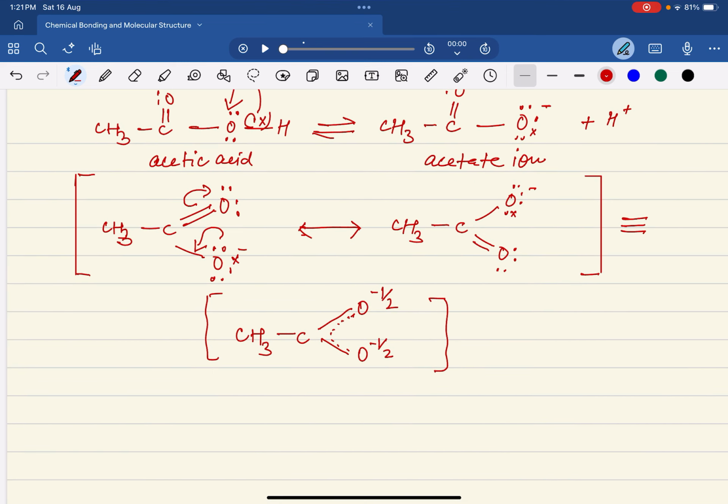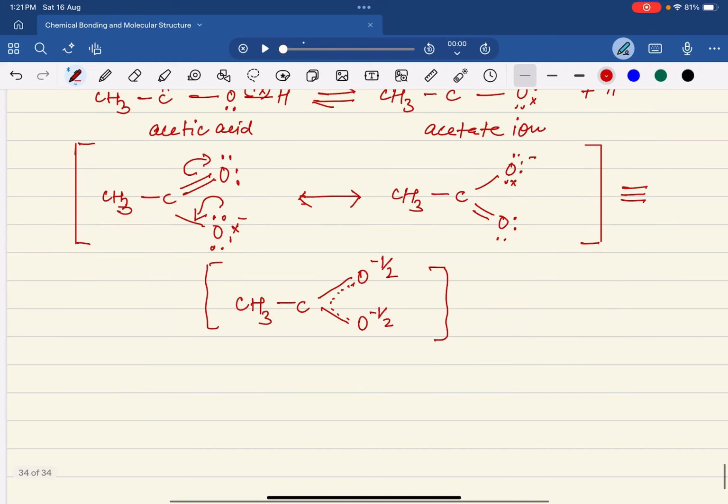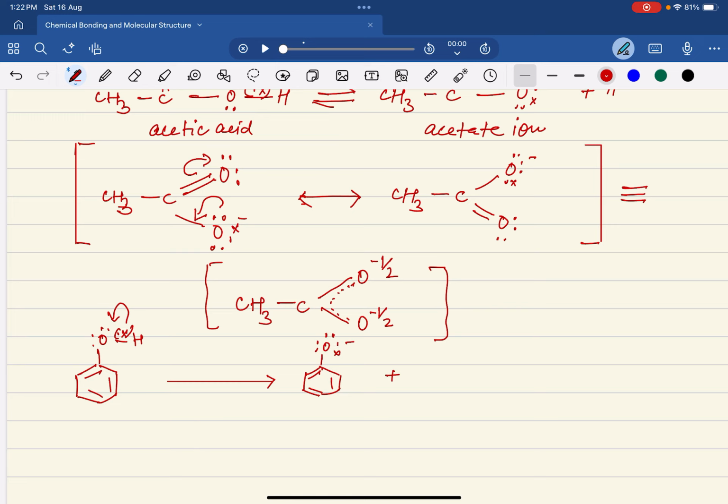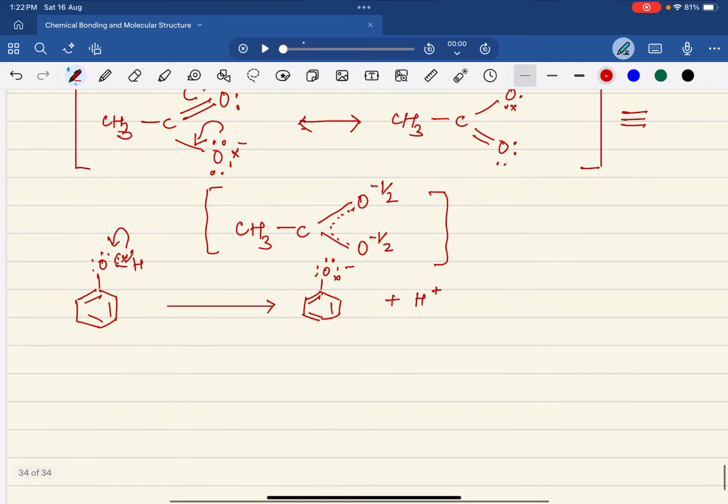In this case, both oxygen atoms carry negative charge. And in the case of phenol, which is basically also known as carbolic acid, phenol loses one H plus ion due to rupture of this bond and becomes phenoxide ion, and phenoxide ion contains one negative charge.